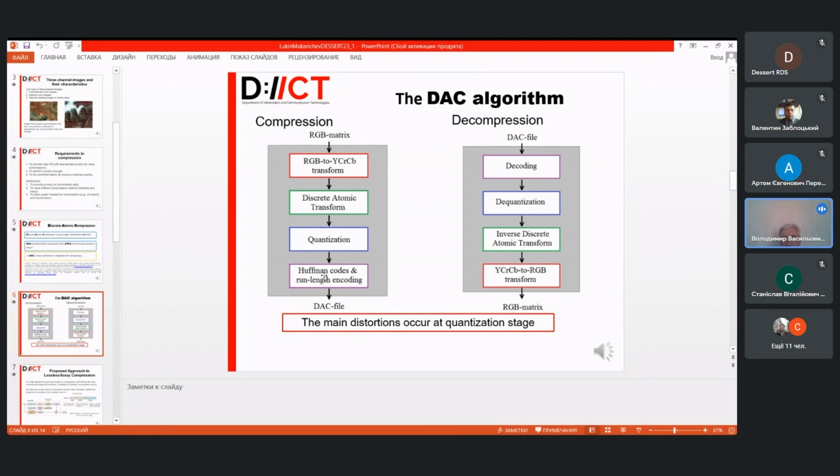And after this, we can use Huffman codes and run length coding or some other method of coding the quantized coefficients of our transform. The decompression is in inverse order. That is the decoding, the dequantization, inverse discrete atomic transform, and the conversion from YCrCb to the original space.